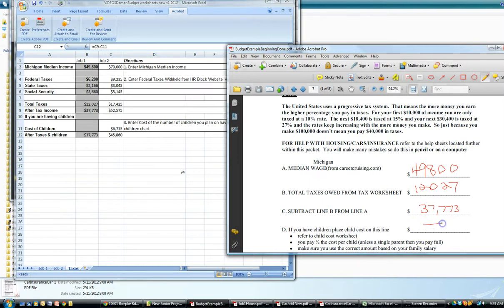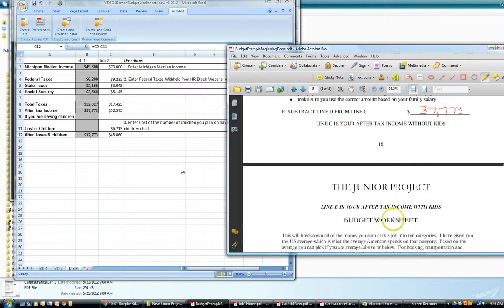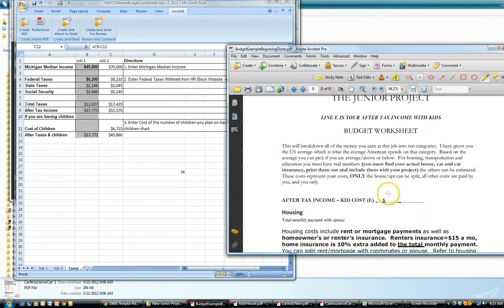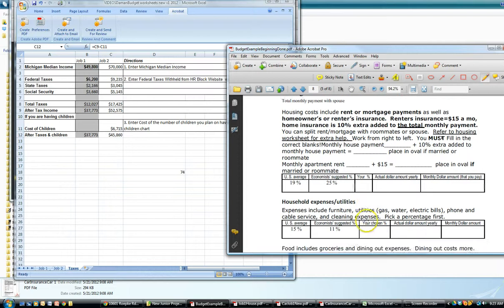Okay, I don't have children, so then that 37,773 comes down. All right, so my after-tax income, 37,773. Okay, here I need to make sure I fill in my blanks, and then I fill in my actual numbers.